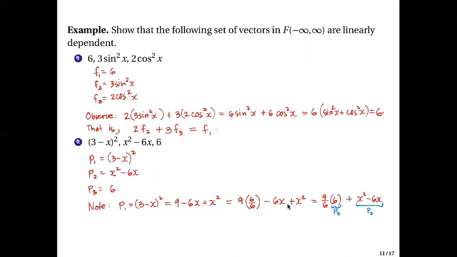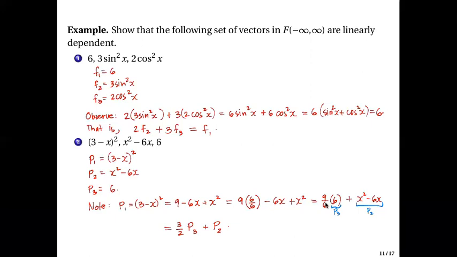Which means, all in all, the P1 can be written as 9 over 6, that's, sorry, that's 3 halves, that's 3 over 2. So you will have 3 over 2 P3 plus P2.